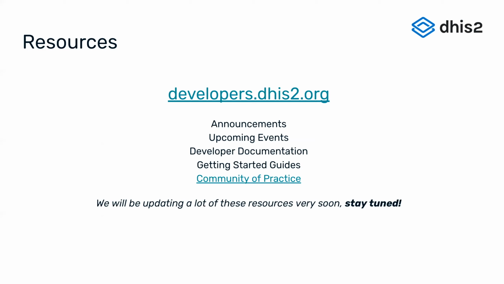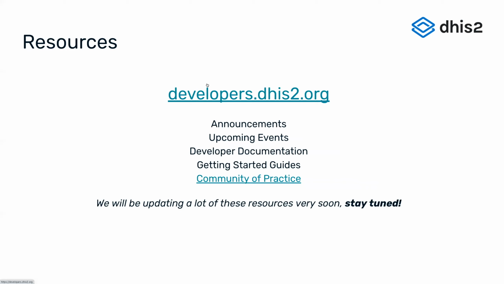Talks about different upcoming events such as this workshop, links to all the documentation and guides that we have, which, as I mentioned, we're expanding significantly in the next months, as well as a link to the community of practice where you can, outside of this workshop, share any questions or comments or work that you've done in developing DHIS2 applications with the rest of the community of DHIS2.